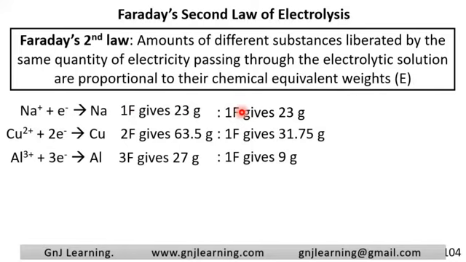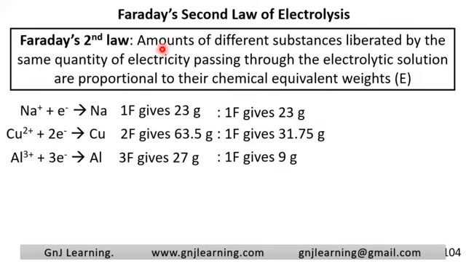With 1 Faraday, I get 23 grams. For copper, 2 Faraday gave 63.5, so for 1 Faraday it is divided by 2, that is 31.75 grams. And for aluminium it is 9 grams.